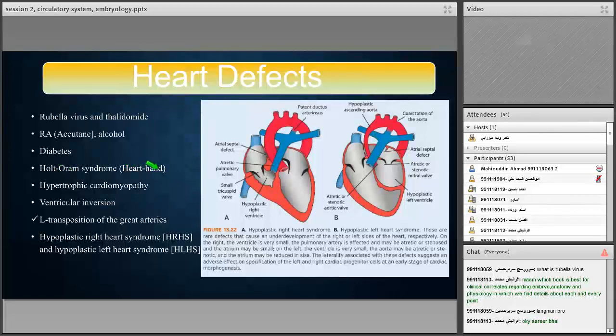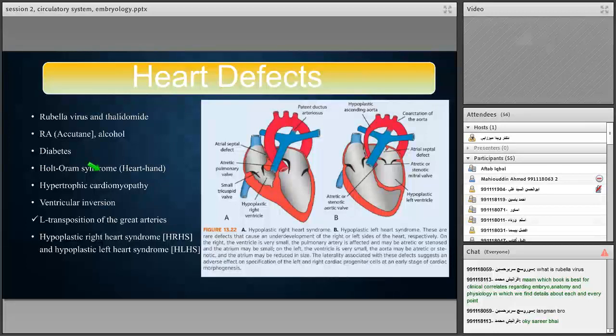Because there is a gene in the formation of the cardiac septum and the upper limb, if there is a defect in the function of this gene, the problems which may happen are called heart-hand syndromes. For example, one of these syndromes is Holt-Oram syndrome.